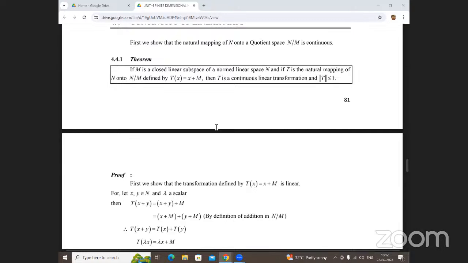Without jumping, there are a number of theorems and definitions in serial order. So the first 4 units, each and every one, are important. When you have understood the first 4 units, it is automatically easy to achieve the number of theorems and the final examination paper. Okay.